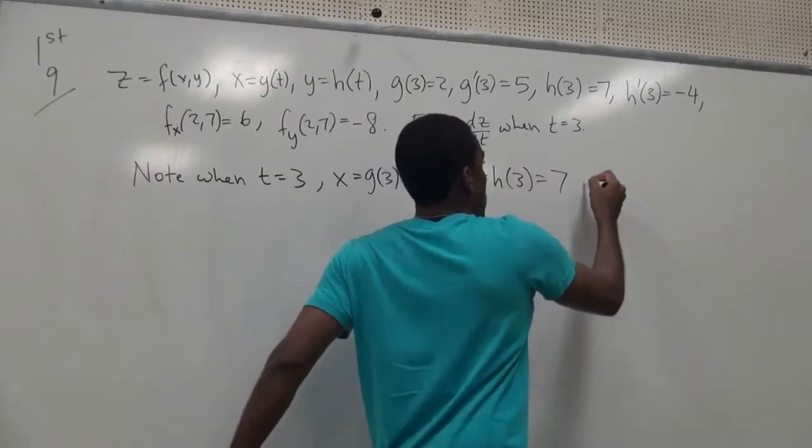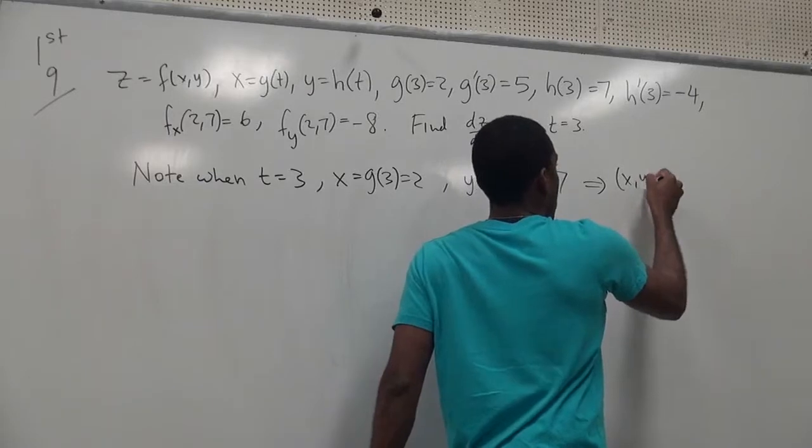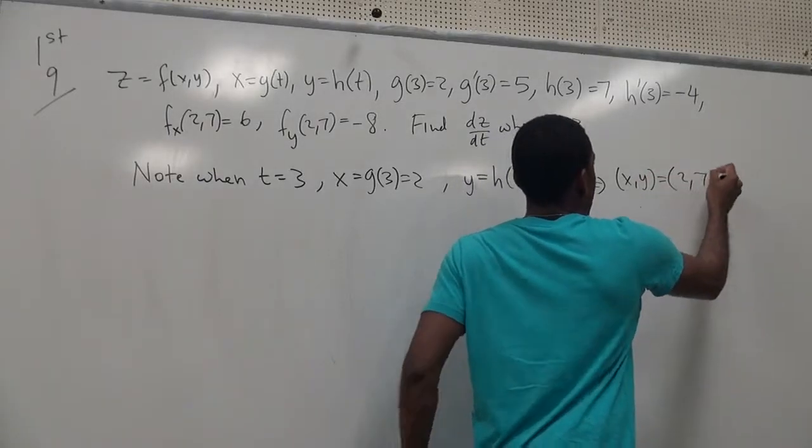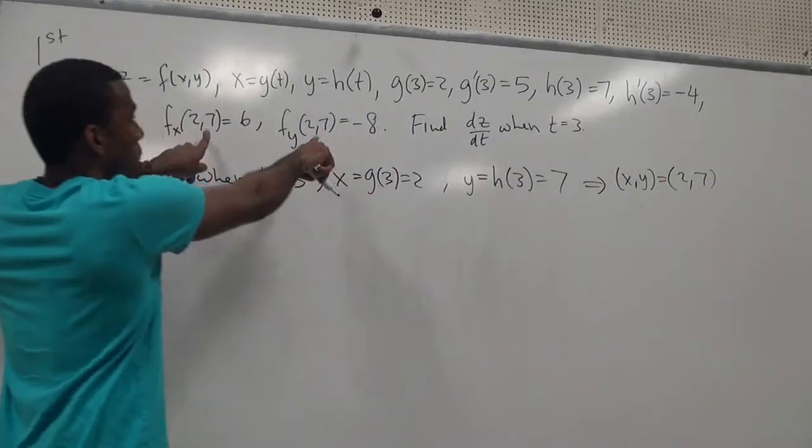So you get the point (x, y) = (2, 7), which is where they told you what the partials were at that point.